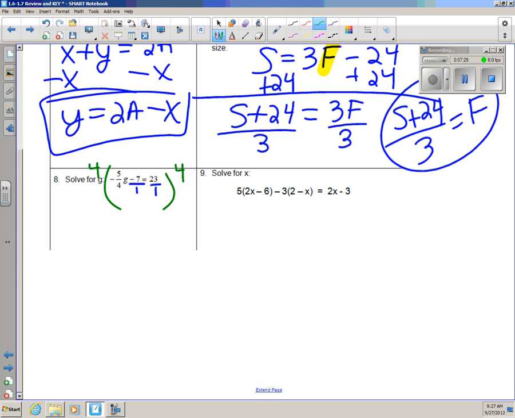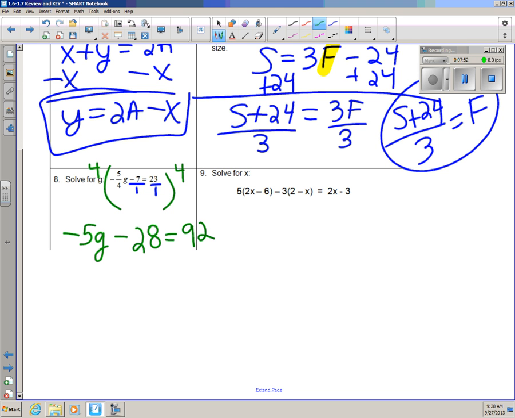Well, 4 divided by 4 is 1. 1 times negative 5g is negative 5g. Minus 4 divided by 1 is 4 times negative 7, so it's minus 28. And then 4 divided by 1 is 4 times 23 is 92.